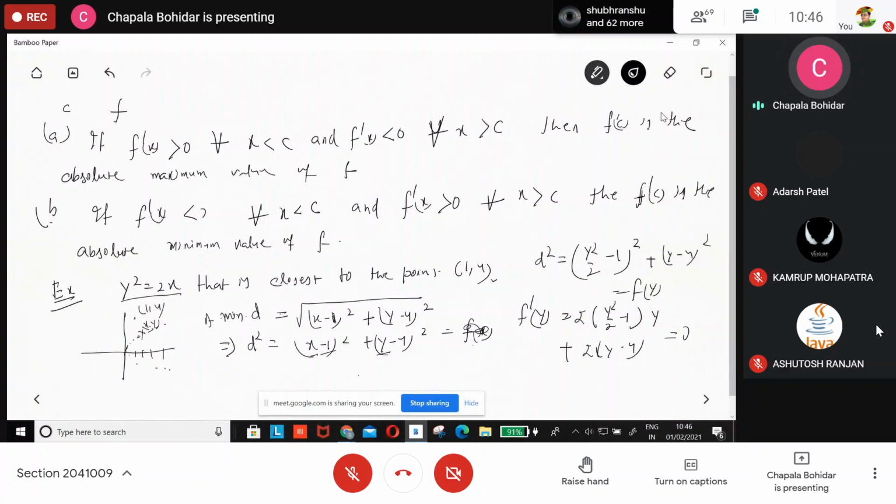What is the equation you get here? Do it yourself, then I'll explain. Tell me the equation first. After simplifying, y cube equals 8.